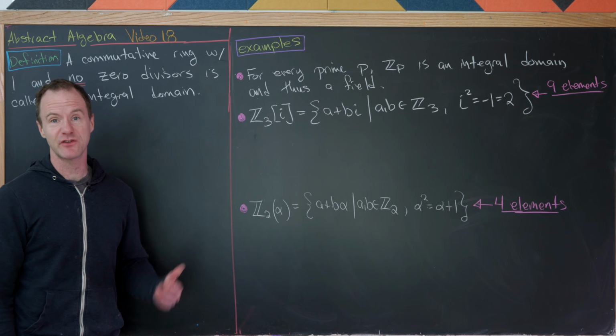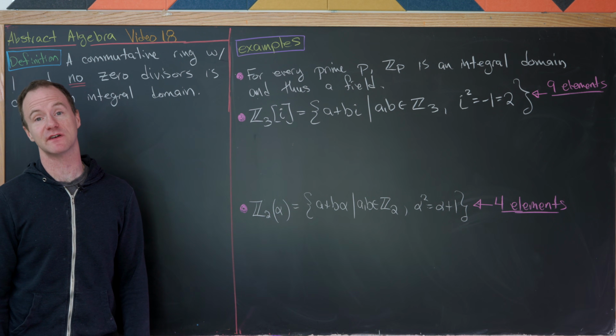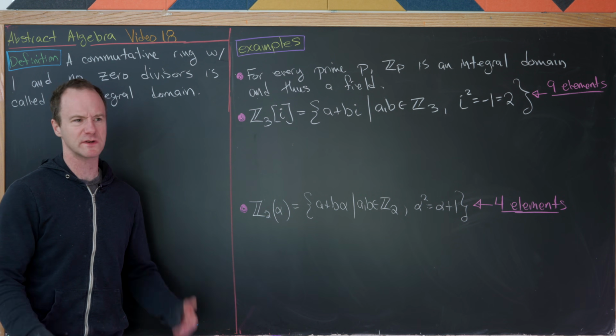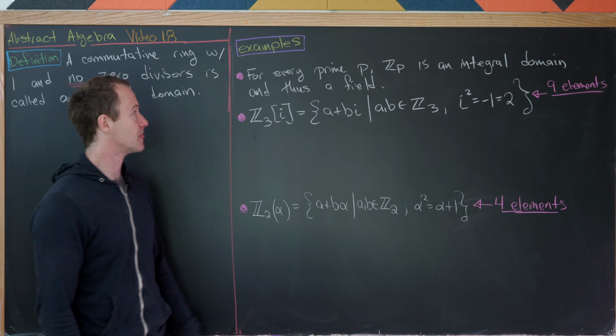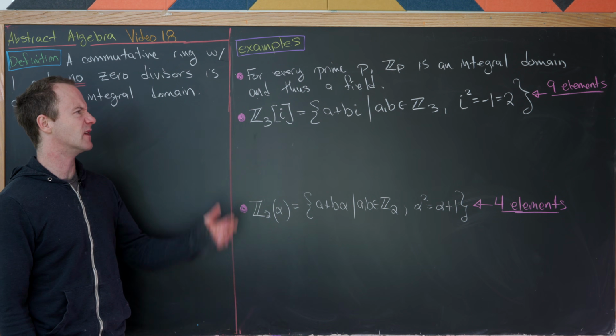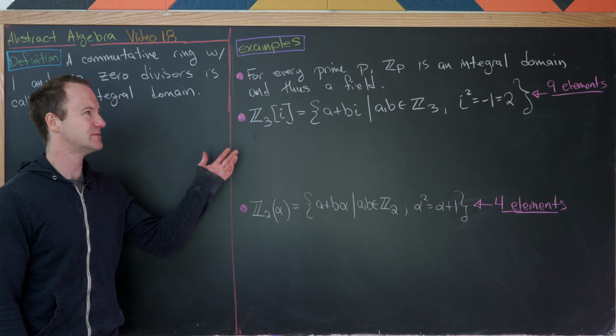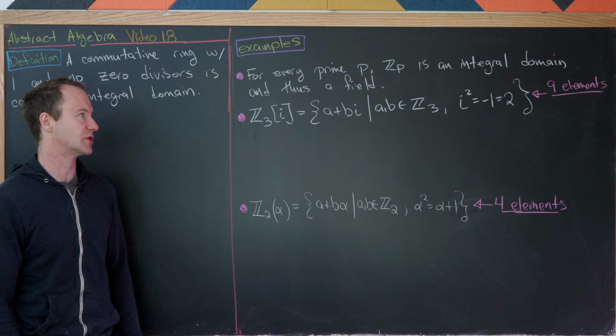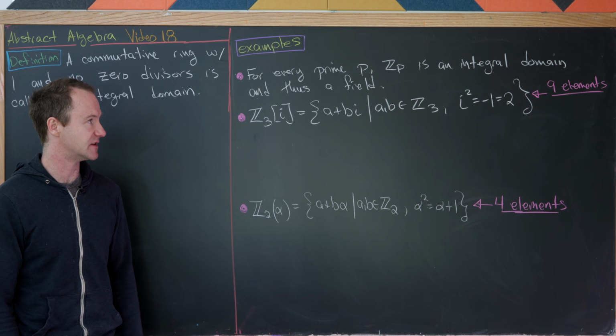Okay, let's move on. After that result, let's look at some examples of finite fields. We'll look more deeply at finite fields later. So for every prime p, Zp is an integral domain and thus it is a field. It's maybe easier to check that it's an integral domain than directly checking that it's a field.